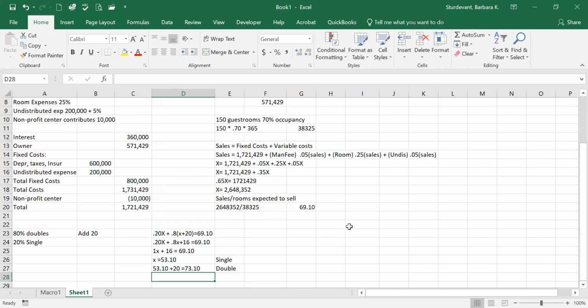You added it at the top with the X plus 20, and then you added it again. Okay, well, this is the price of a single room. This whole thing is the price of a double room. Oh, okay, I see. And then once we have the single room carried down, when we go down here, we got to add it to get the price of the double. Okay. Anything else?